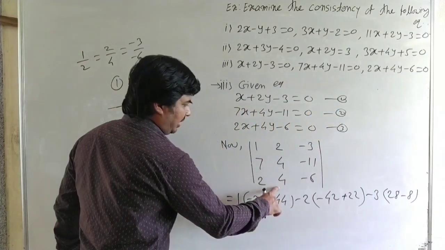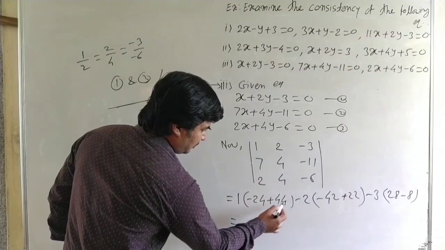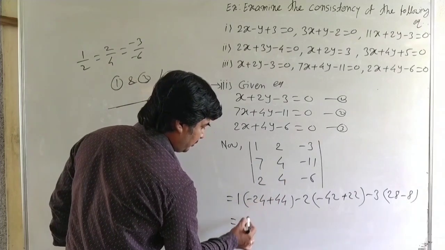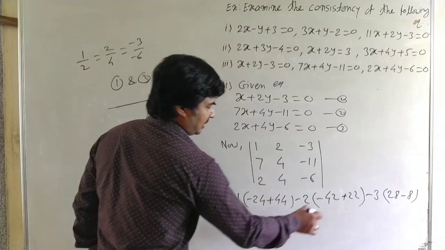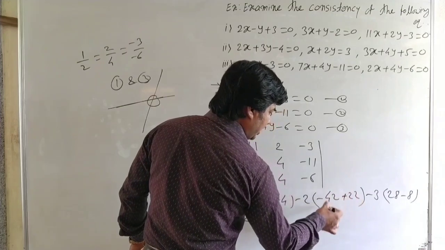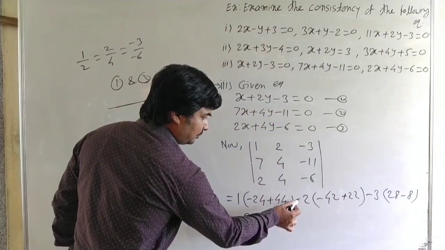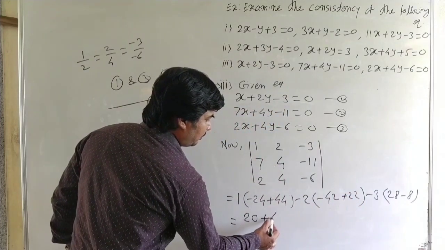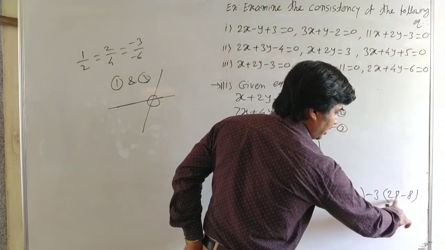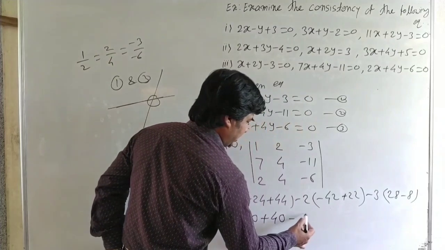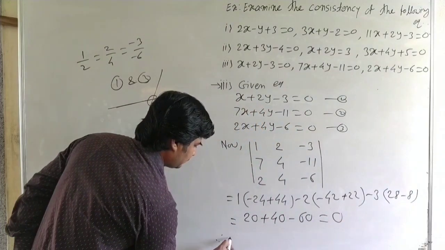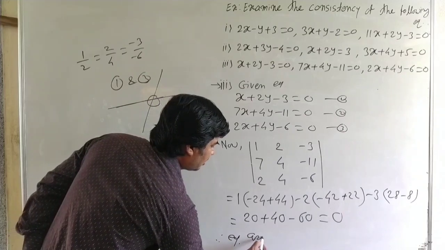Okay, 28 minus 8 is 20, and minus 24 plus 44 is plus 20, so it is 20. Then minus 42 plus 22 is minus 20, and minus 20 into minus 2 is plus 40. And now 20 into minus 3 is minus 60, and the total is 0, and therefore equations are consistent.